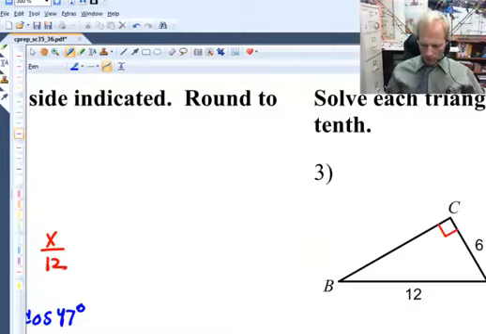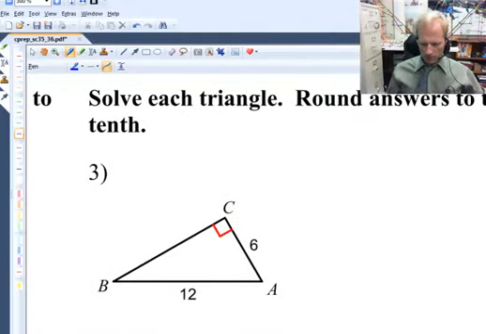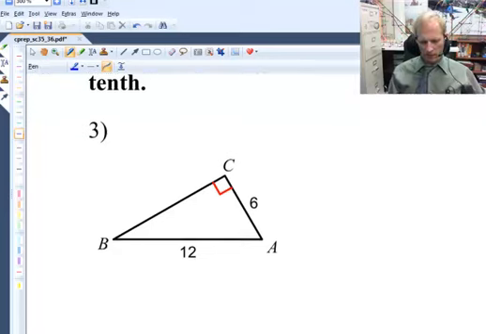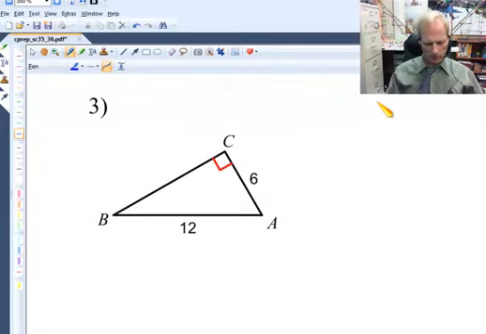Okay, and then the last problem, I'm asked to solve an entire right triangle, meaning find all the side lengths and all the angle measures, and I'm given 2 side lengths as my only information. So when you're given 2 side lengths, I usually start by finding the third side length by using the Pythagorean theorem. So in this case, I'm given one of the legs and the hypotenuse.